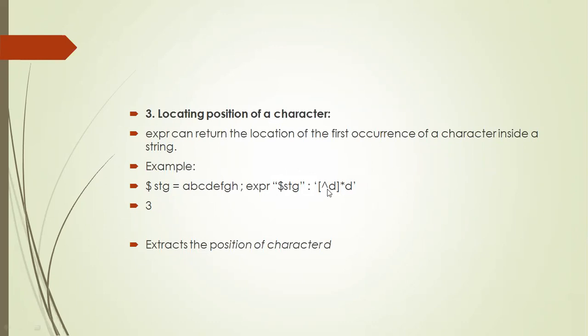D is a special meta character. It belongs to the meta character class which specifies a digit. Simply use this expression and it will find the location of D, which is 0, 1, 2, 3.